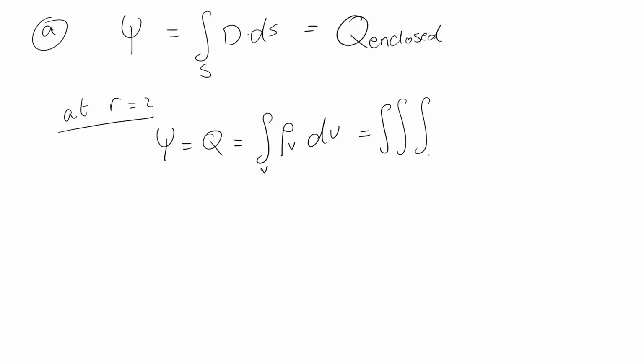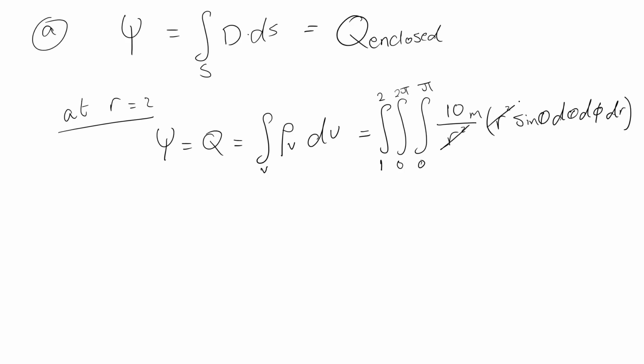First one is r, and our r starts from 1, and we need at r equal 2, so it will be from 1 to 2, and the phi is from 0 to 2 pi, and our theta is from 0 to pi. Of rho, we said rho is 10 over r square milli, and our dv is r square sine theta d theta d phi dr.